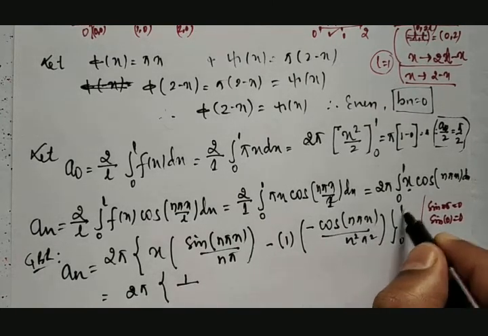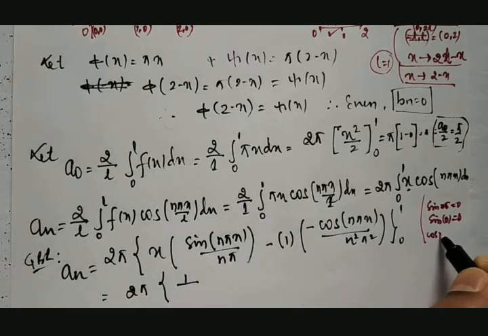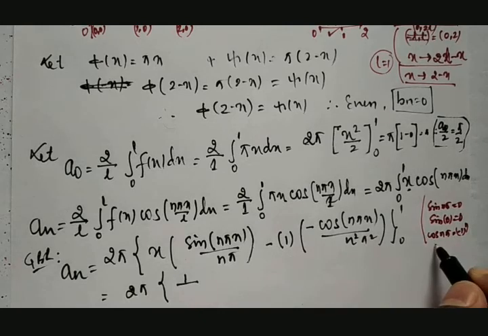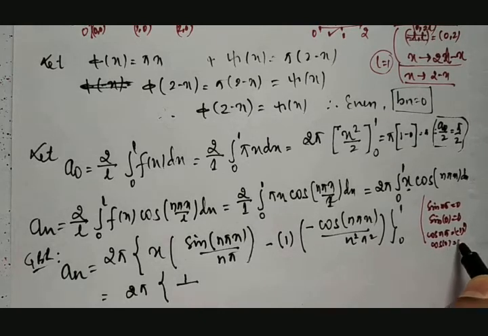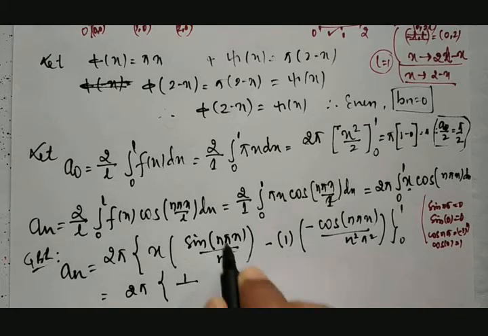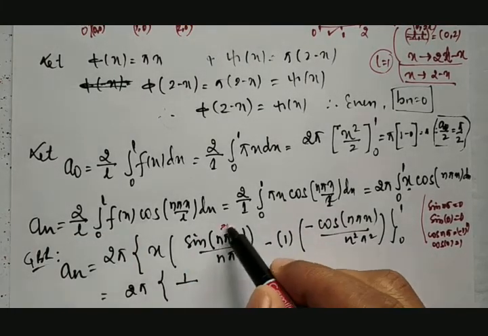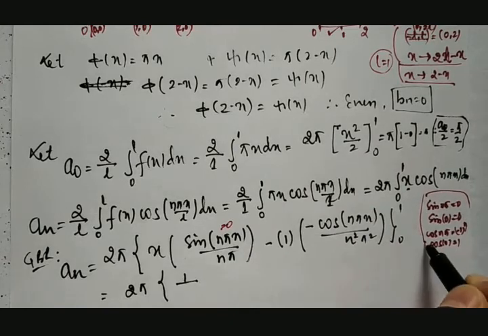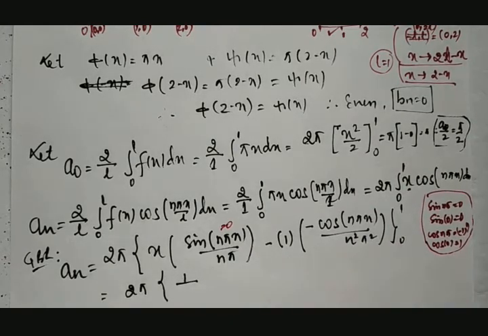Here if you put 1, then it becomes cos n pi, which is equal to minus 1 raised to n, and if you put 0, it becomes cos 0, which is equal to 1. Therefore this term is 0.